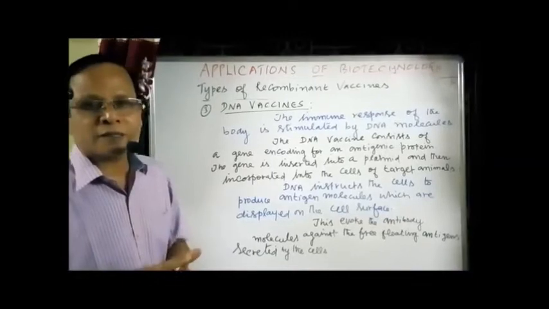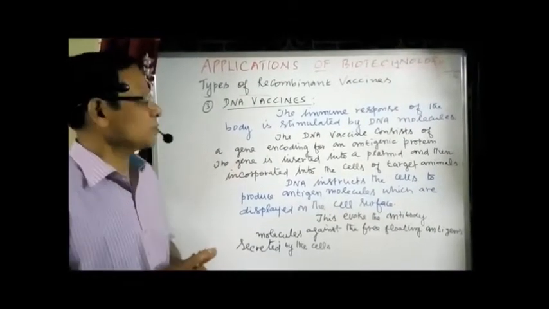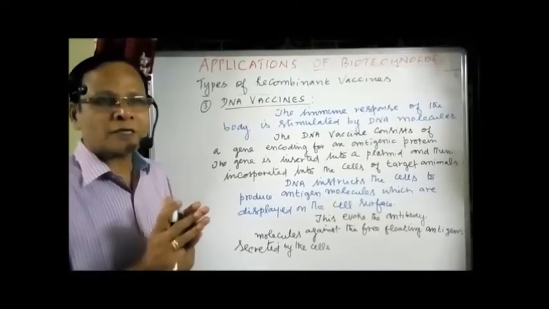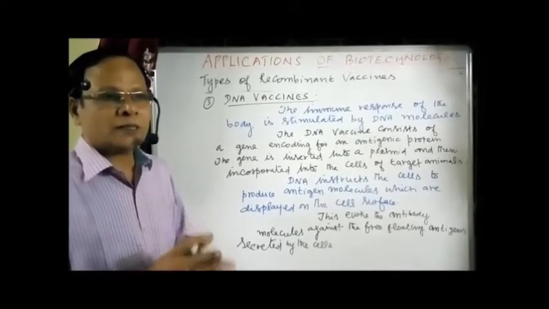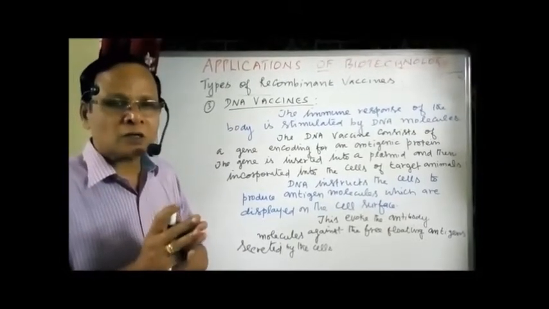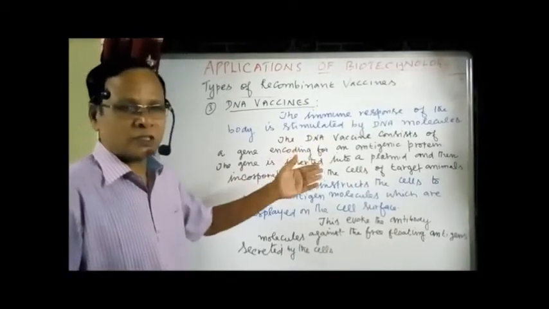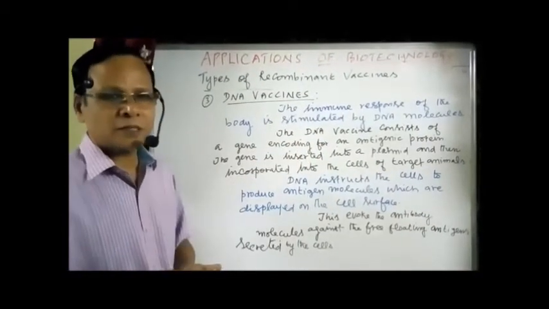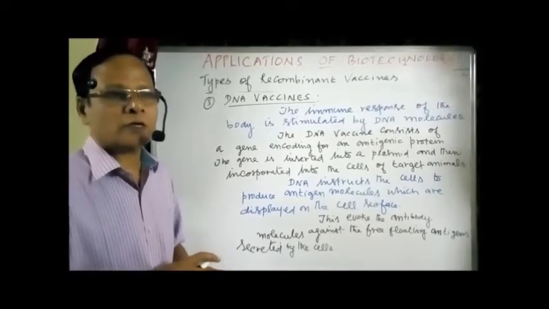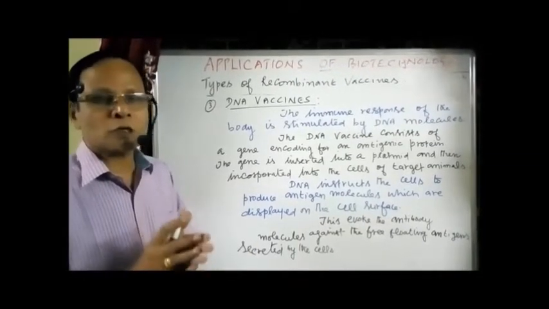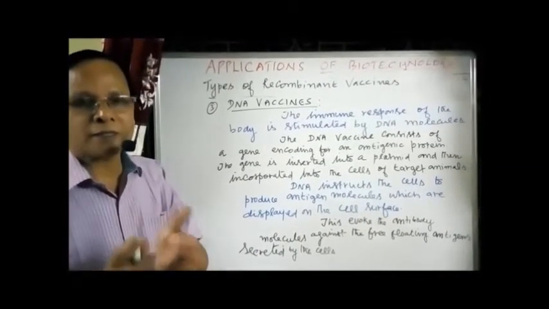Now the DNA vaccine consists of a gene which is encoding for an antigen molecule. That gene is to be inserted on a plasmid. So the gene encoding the antigen in the DNA vaccine is inserted on the plasmid, then incorporated into the cells of target animals.